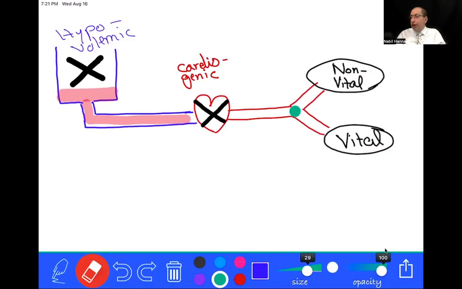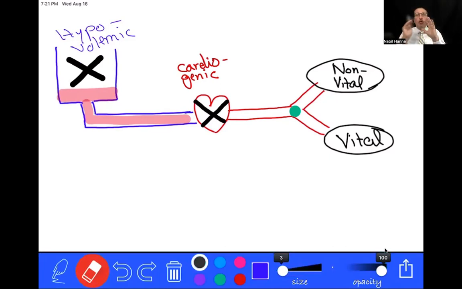at the point of distribution of blood between the vital organs and the non-vital organs. We can control the amount of blood going to a certain organ by controlling the diameter of blood vessels going to this organ. So, for example, when you exercise, the arteries going to the muscles dilate, and the muscles get more blood.